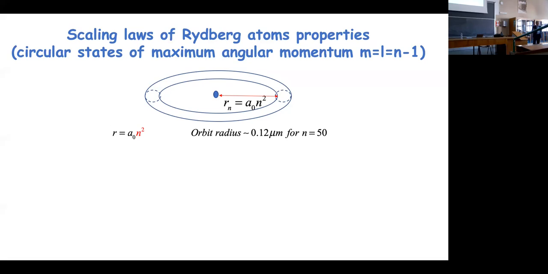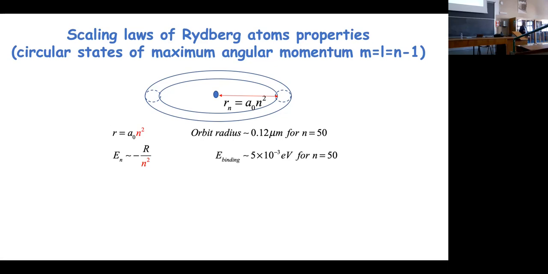It becomes something that you could see, if it was possible to see it really, with a simple microscope. So this is the size. So it's huge. It's about 1,000 times bigger than a ground state atom. Second parameter which is relevant: the binding energy. And the binding energy is like 1/r.